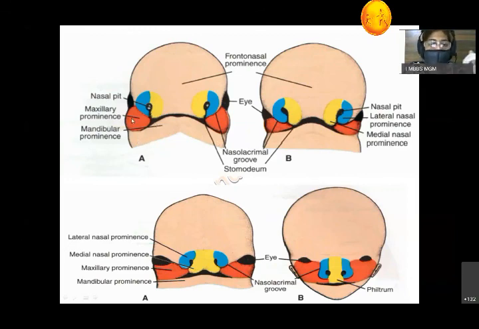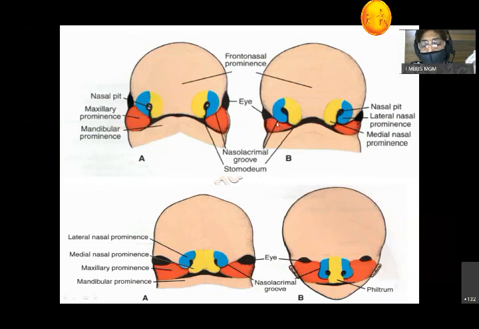What are the steps? This maxillary process grows and fuses with the lateral nasal process, then it grows again, and because of that the medial nasal processes come close to each other and form the intermaxillary segment.